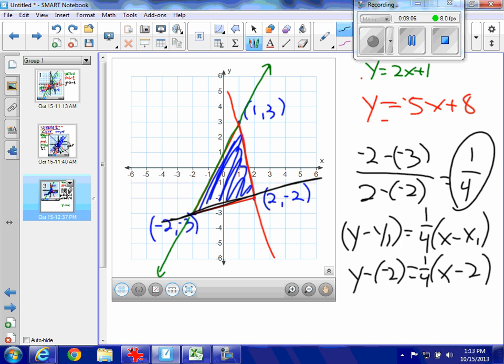So I have y plus 2 is equal to 1/4 x minus 2. Am I good so far? Nope, I'm wrong. I got to multiply. I got to distribute my 1/4 to the negative 2. So 1/4 x minus 1/2. Is that right? That's better. Thank you.